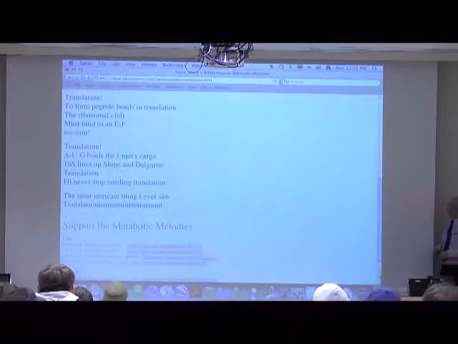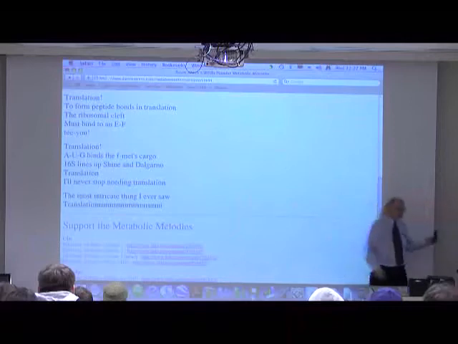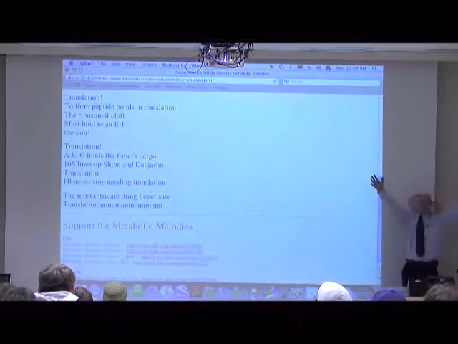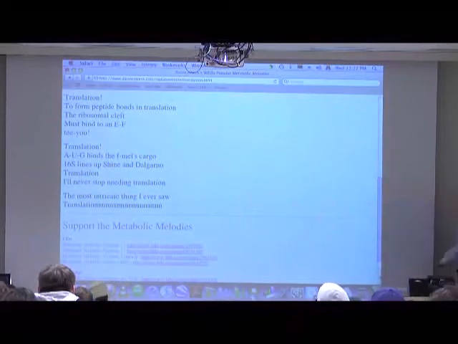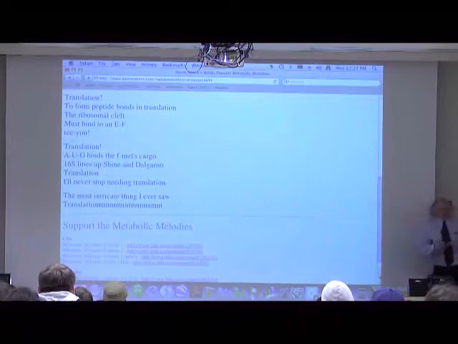Translation to form peptide bonds in translation. The ribosomal cleft must bind to add EF-Tu. AUG binds the fMet cargo. 16S lines up Shine-Dalgarno. Translation. I'll never stop needing translation. The most intricate thing I ever saw. Translation.